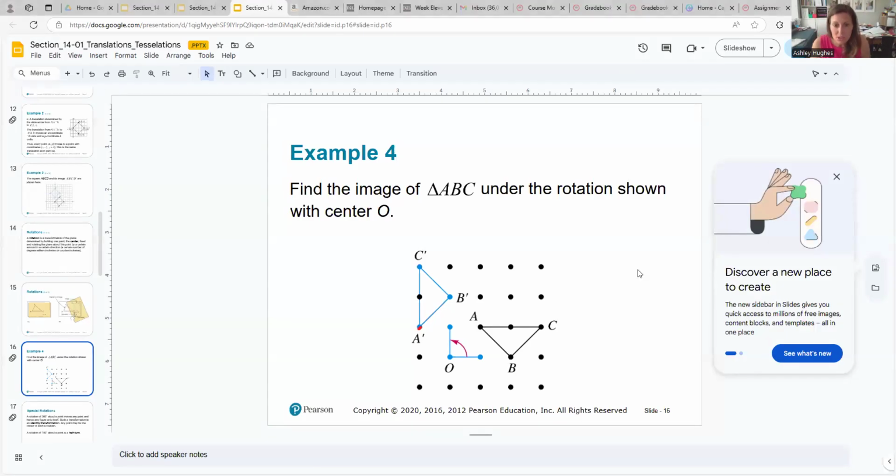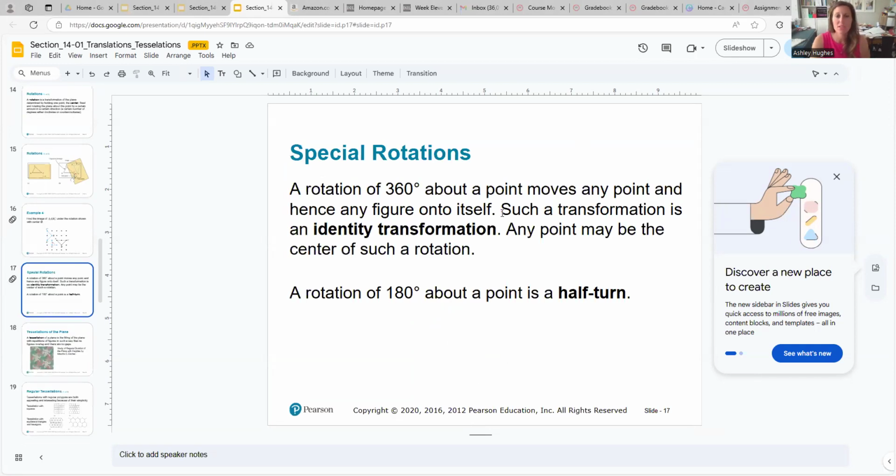So we're just rotating this around about that point O. A rotation of 360 degrees is called an identity transformation because if you turn 360 degrees, you're right back where you started. Whereas a rotation of 180 degrees is a half turn.